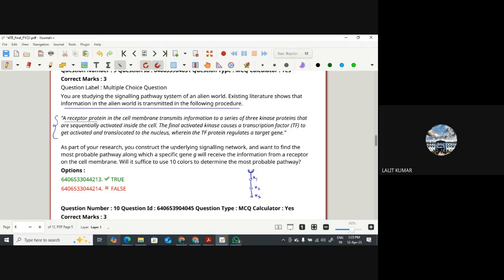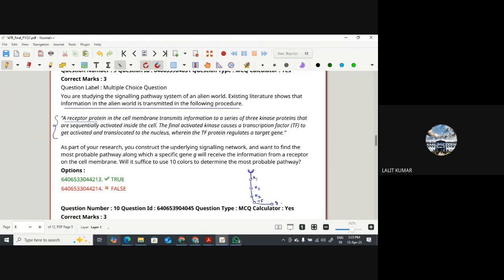The final activated kinase causes a transcription factor TF to get activated, and translocated to the nucleus, wherein the TF protein regulates a target gene. So this is your target gene.